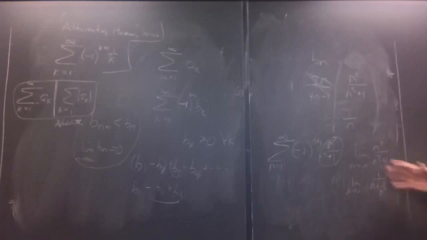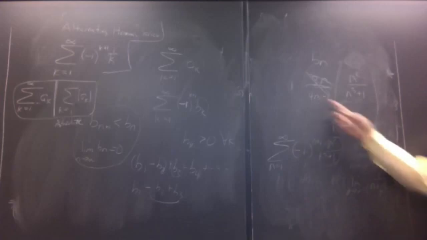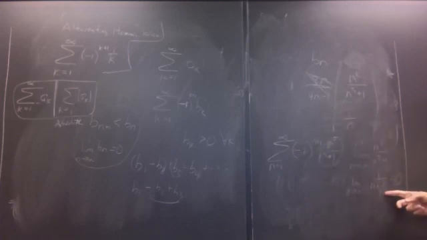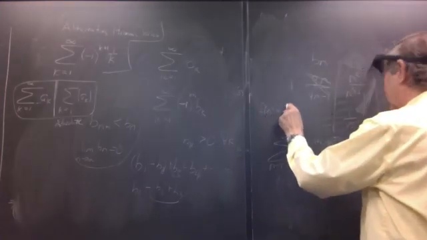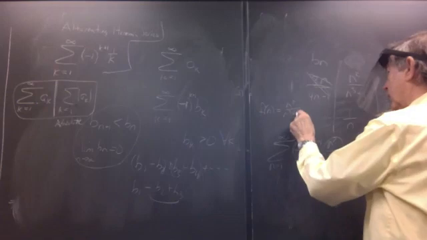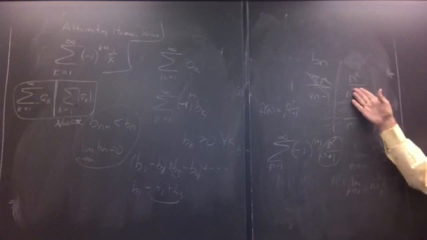So that thing that failed a minute ago for example 2, right now the limit does go to 0. Is f of n equal to n squared over n cubed plus 1 a decreasing function? Because if it is, then this alternating series will converge.